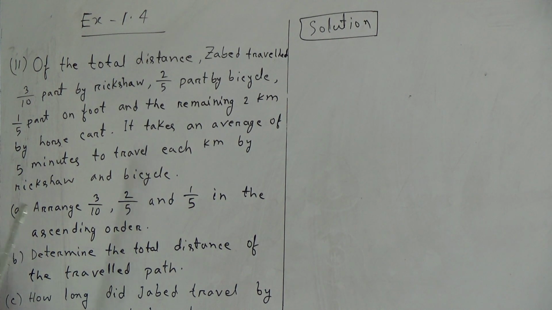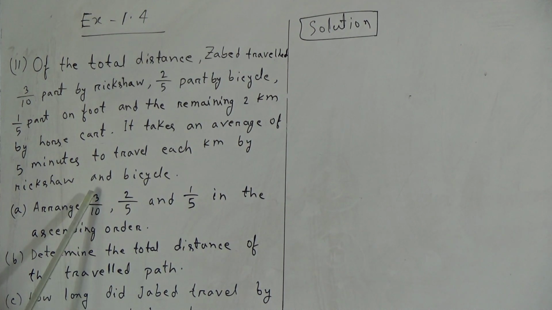At first we will solve A number. We have to arrange these three fractions in ascending order. Ascending order means smaller to greater. For determining which fraction here is smallest, at first we have to convert all of the fractions into the same denominators.